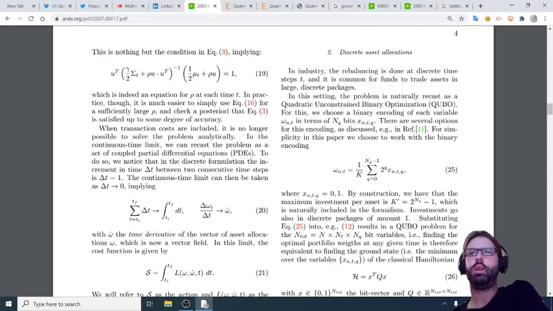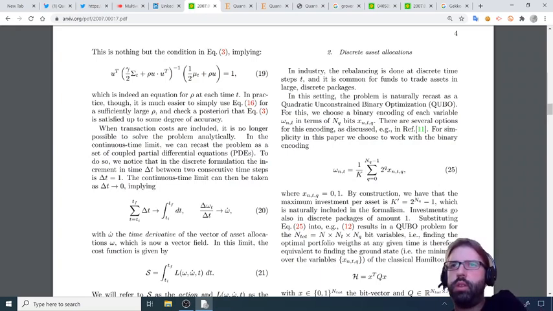Substituting equation 25 into, for example, equation 12 results in a cubic problem for the n total bit variables. Finding the optimal Fourier weights at any given time is therefore equivalent to finding the ground state over the variables x_ntq of the classical Hamiltonian.